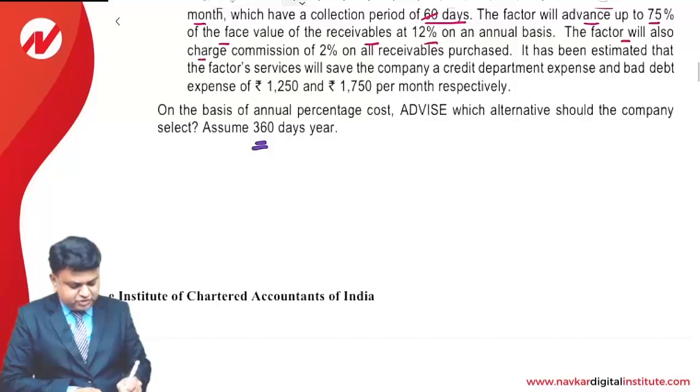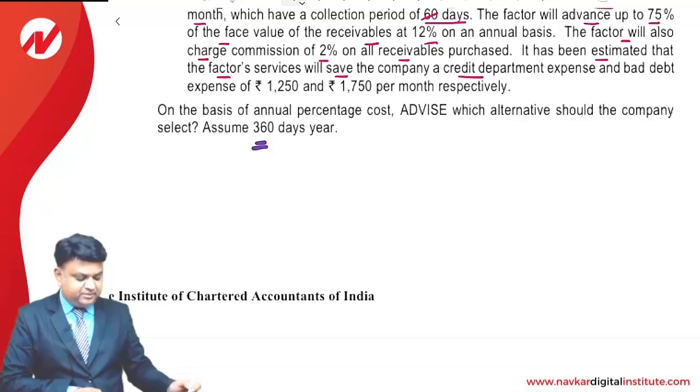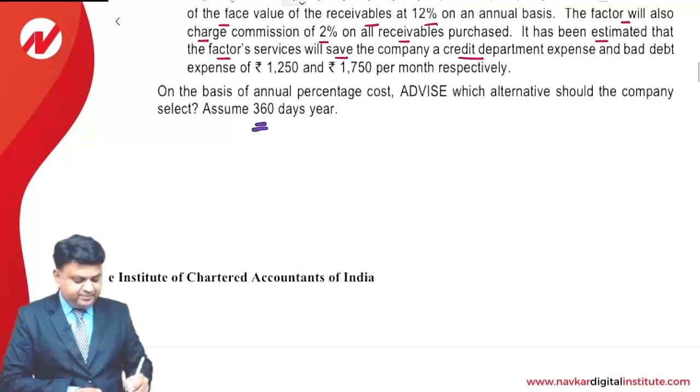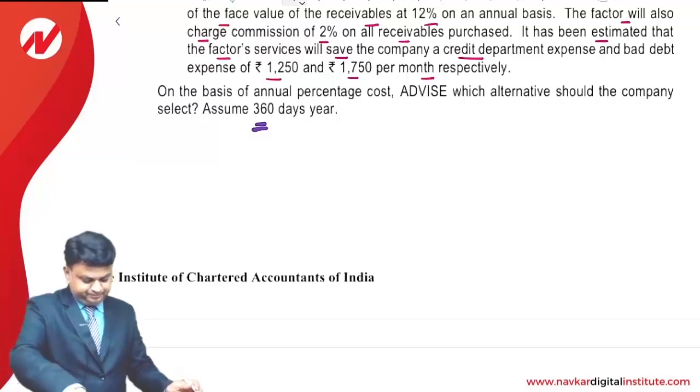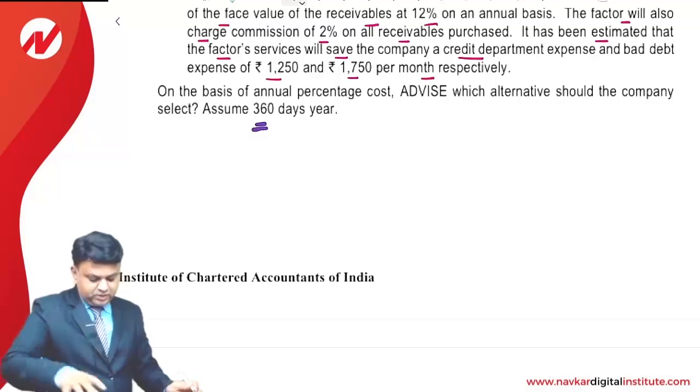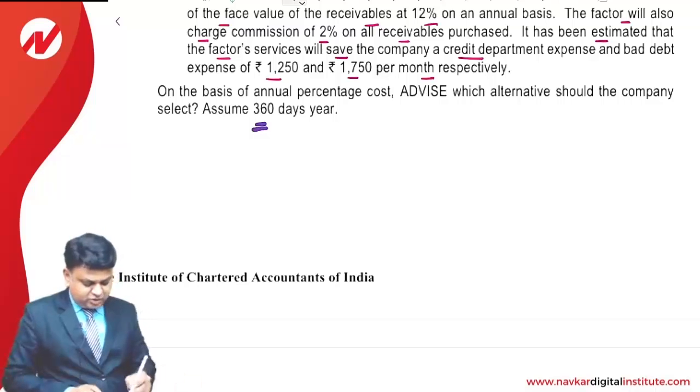The factor will also charge commission at the rate of 2% of all the receivables purchased. It has been estimated that the factor services will save the company's credit department expenses and bad debts expenses of 1250 and 1750 per month respectively, on the basis of annual percentage cost.